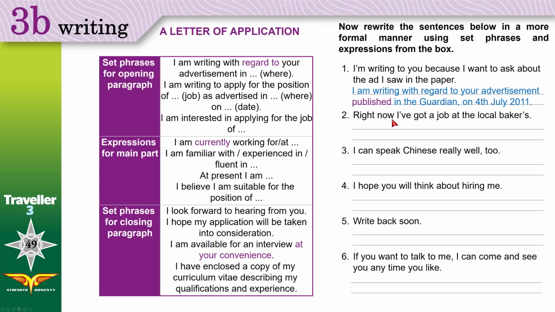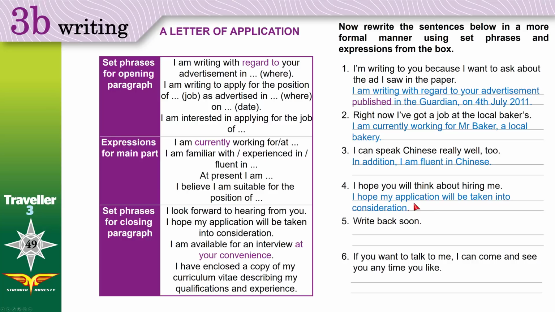2. Right now, I've got a job at the local baker's. You don't write I've, and you don't say right now, you say currently. I am currently working for Mr. Baker, a local bakery. I can speak Chinese really well too. In addition, I am fluent in Chinese. I hope you will think about hiring me.